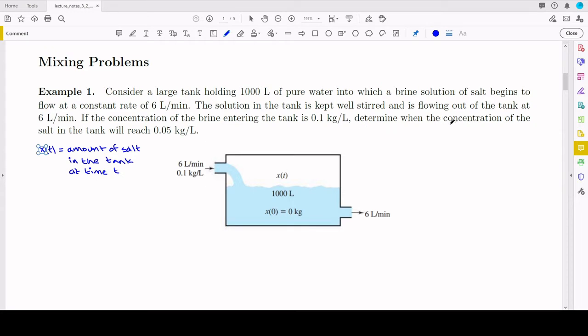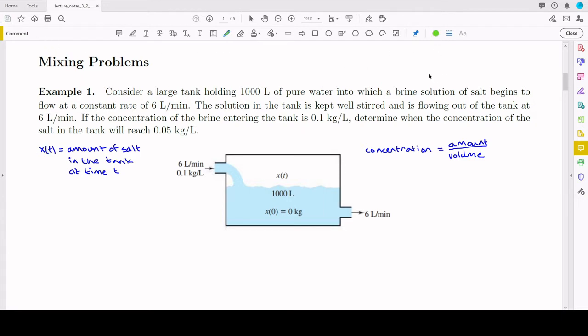Now, eventually we'll have to worry about concentration. Concentration can be calculated as follows. The concentration is the amount of the substance, in this case salt, over the volume. So that's an extra step that we'll have to take in the end.